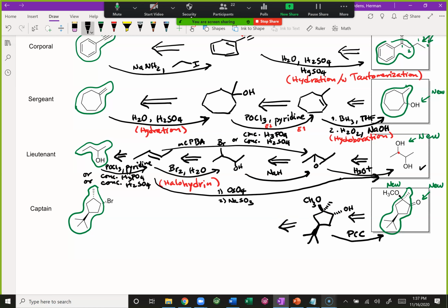So do you see this pattern? Whenever you see an oxygen adjacent to another oxygen, that came from an epoxide. One of them came from an epoxide. Which one came from the epoxide? The OH.